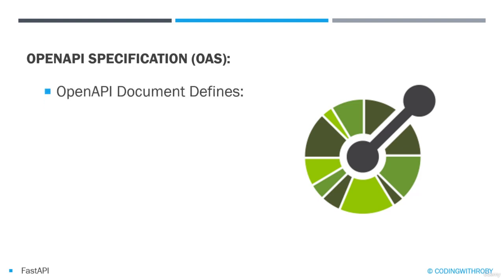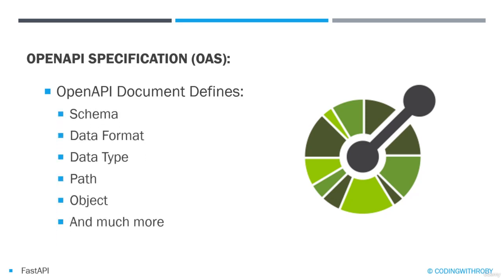The OpenAPI document defines the schema of an API. The schema is an abstract definition of what the API should look like. Think of it as a blueprint of how data in the API should look when being created. The data format, in which a JSON or YAML data format should be handled.